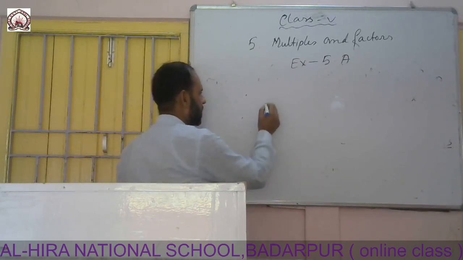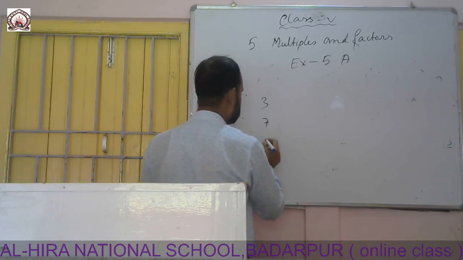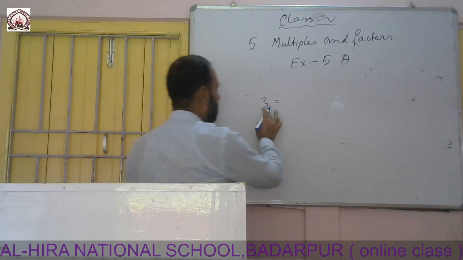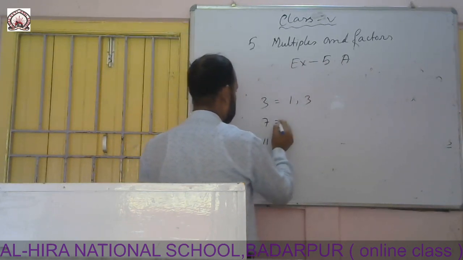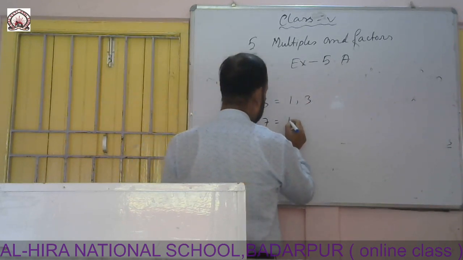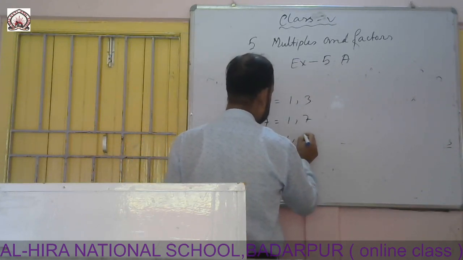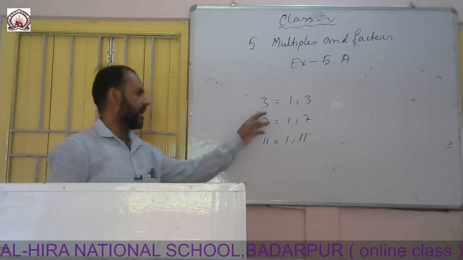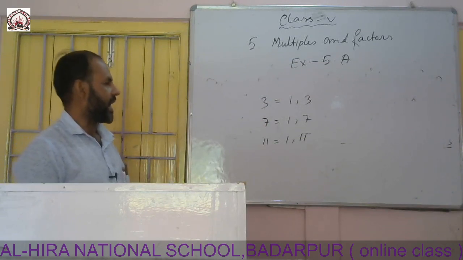Suppose 3, 7, 11. So 3 has two factors, 1 and 3. 7 has two factors, 1 and 7, and 11 also has two factors, 1 and 11. So these 3, 7 and 11 are prime numbers.